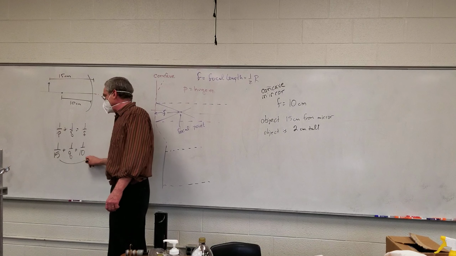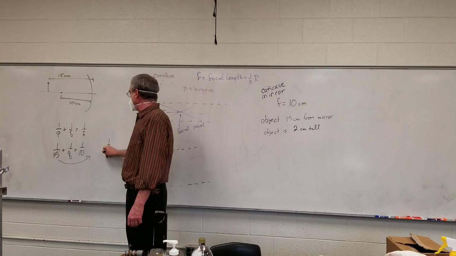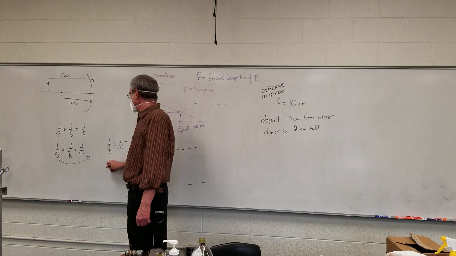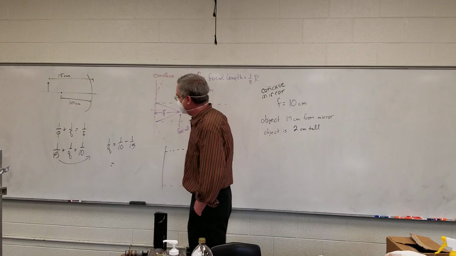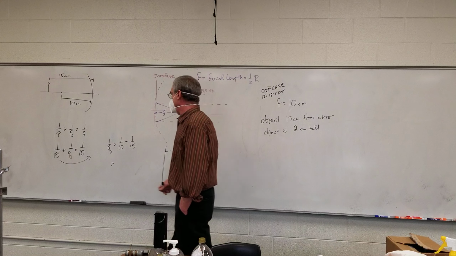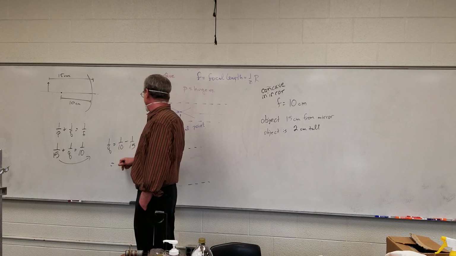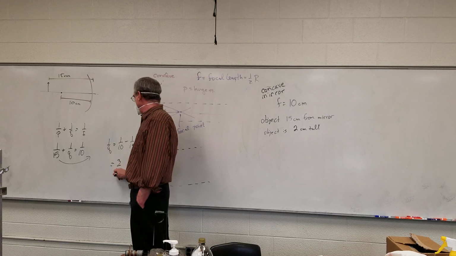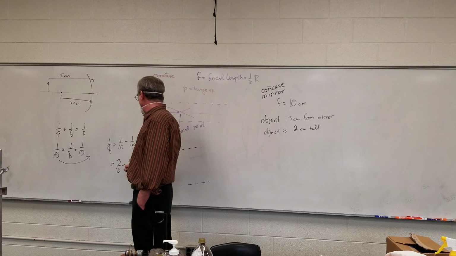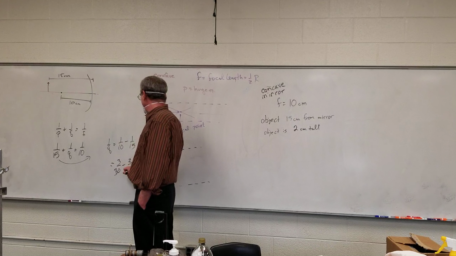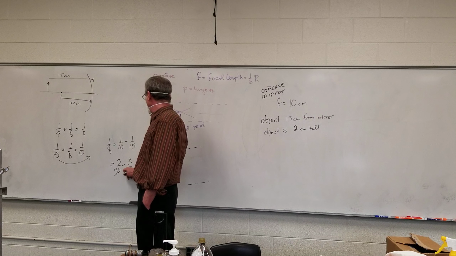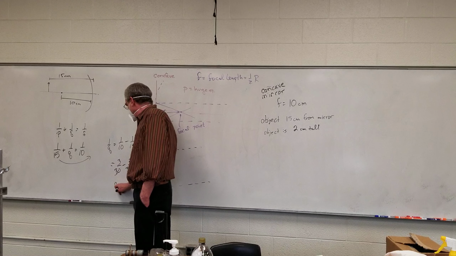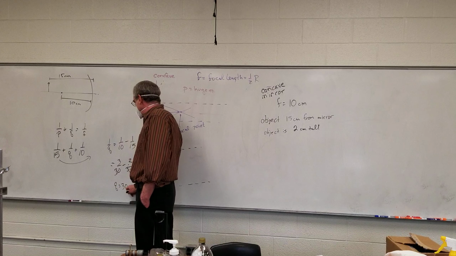So let's solve for Q. I have 1 over Q is 1/10 minus 1/15. The common denominator would be 30. So that's 3/30 minus 2/30, equal to 1/30. So Q is equal to 30 centimeters.